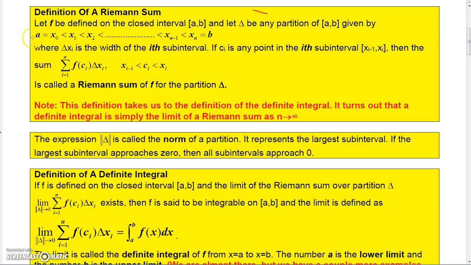Okay, so to define a Riemann sum, we need to partition our interval from a to b into subintervals.